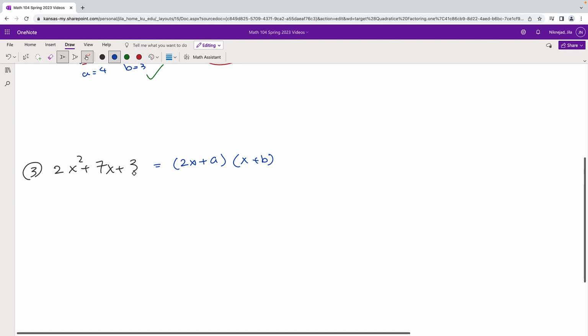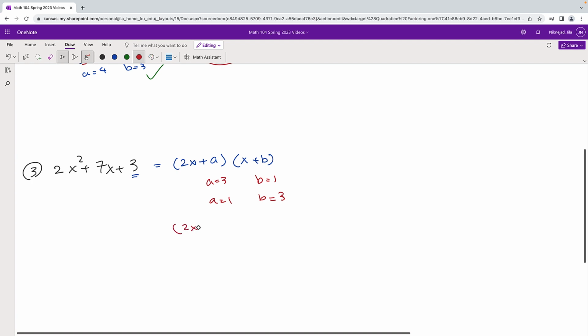The fun part is that 2 was a prime number, so I had to put it with one of them. And 3 is a prime number, so I will have 2 choices. Either a is equal to 3, b is equal to 1, or a is equal to 1, b is equal to 3. And if these are not prime, it's worth actually using the quadratic equation to solve these things. But now, let's try both of them.